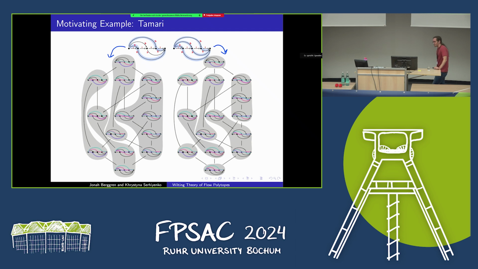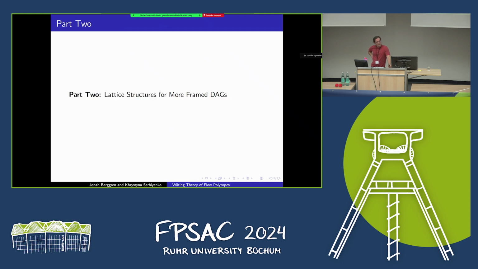We're starting with an amply framed DAG. We're getting nice intervals in it. We're decomposing it. Here's part 2, which is concerned with taking these lattice structures for amply framed DAGs and making them exist for more general framed DAGs.